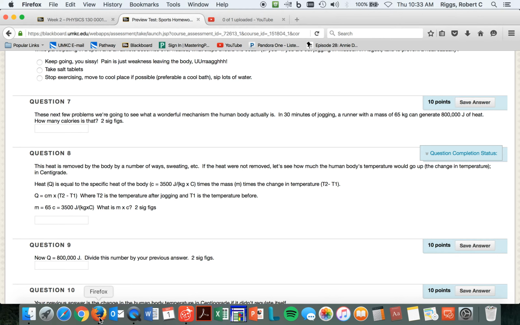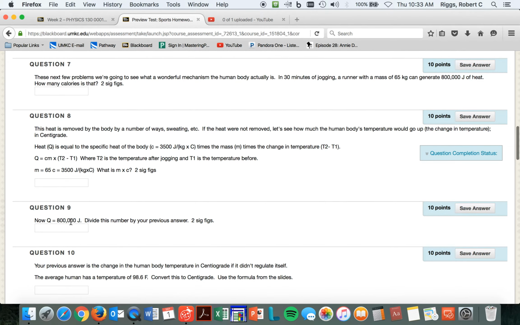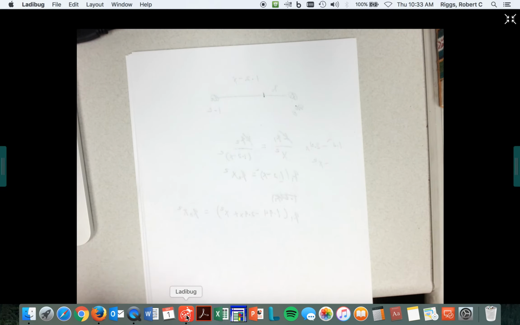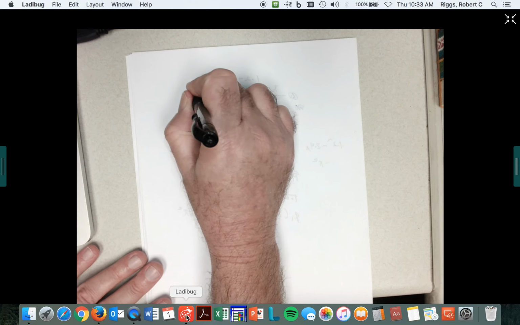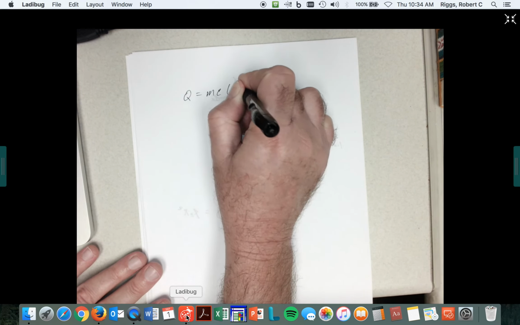Now, after running for 30 minutes, the body expends 800,000 joules of energy. Divide this number by your previous number. So on question 9, just walking you through here, for some of you that are math phobic, which is fine, this class is for you, Q is equal to mc times T2 minus T1.